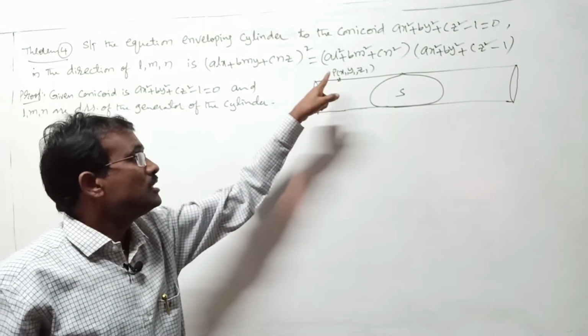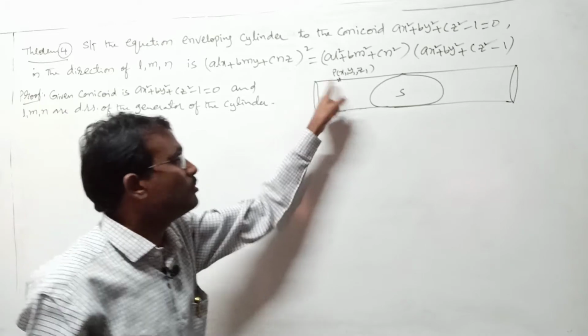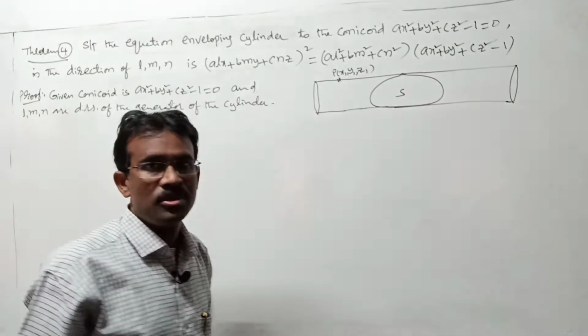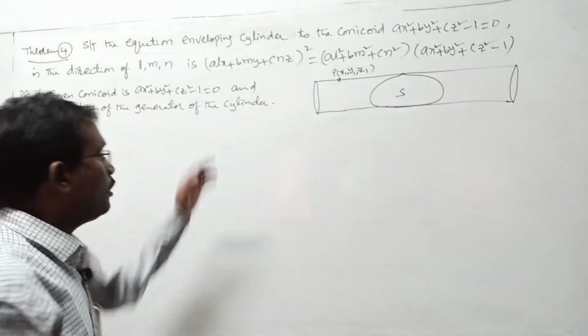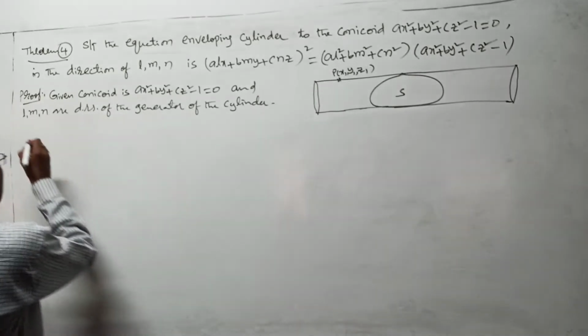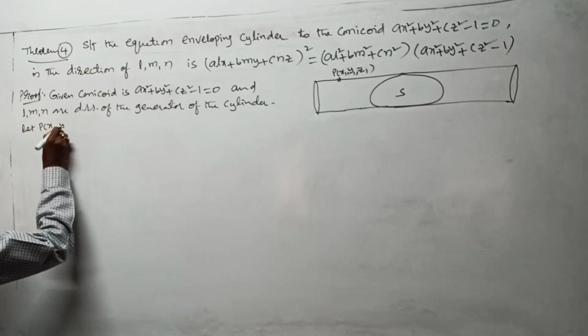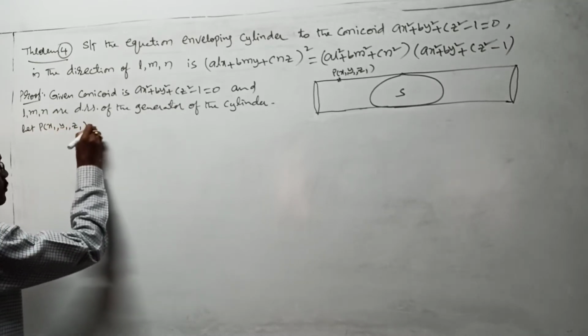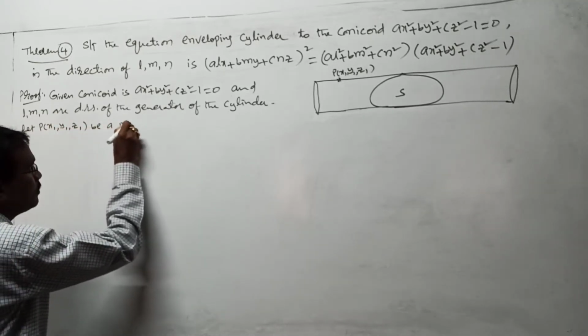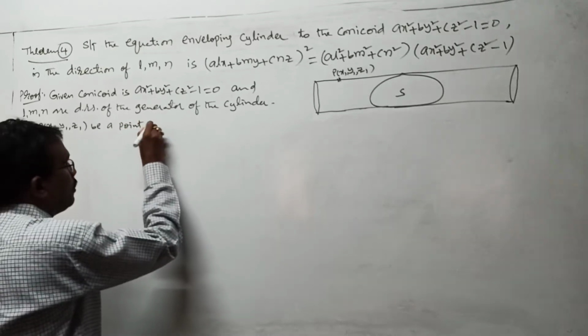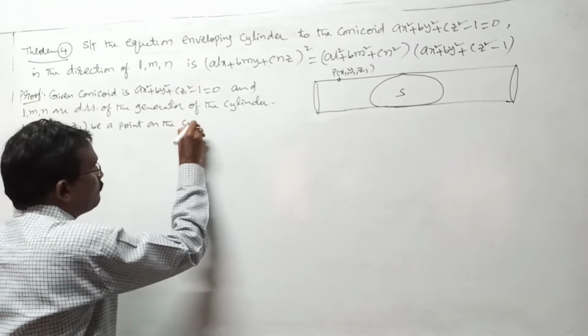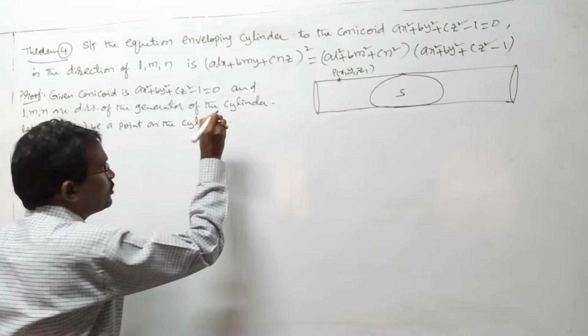Let us define the locus of this point P, and you get the cylinder equation. Let P(x1, y1, z1) be a point on the enveloping cylinder.